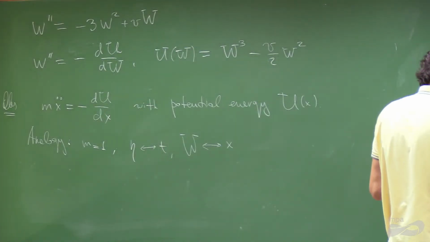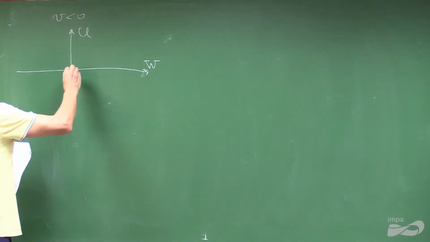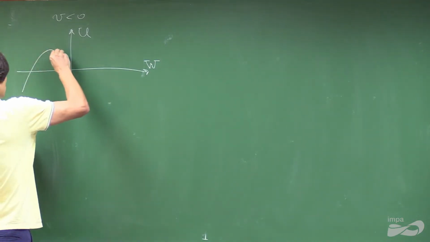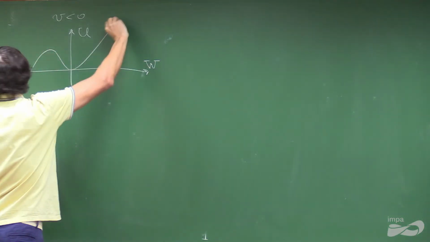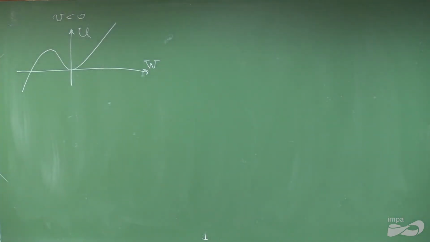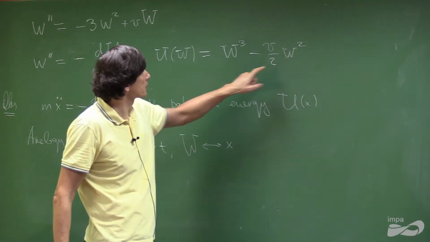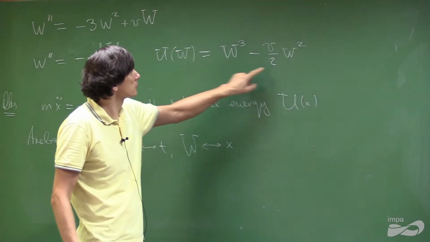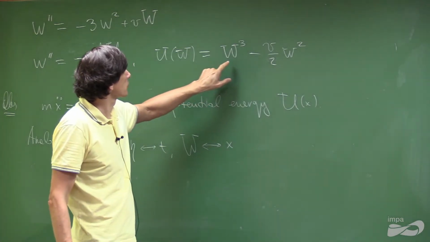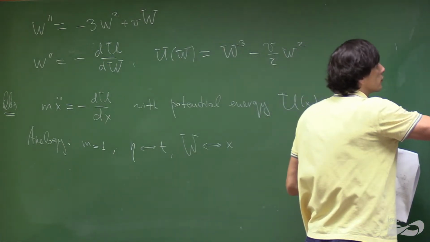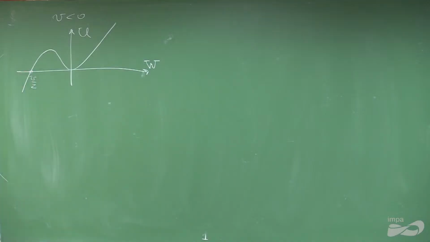Cube plus square gives you this function. You see, it passes through 0, where it also has derivative 0, and another root is v over 2. So this position is v divided by 2.